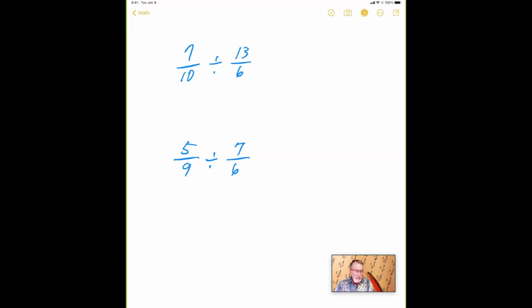All right, so 7/10 divided by 13/6. For division with fractions, some people say division doesn't even exist. It's because they use the keep, switch, flip method, which you can use too. Keep means leave it the same.